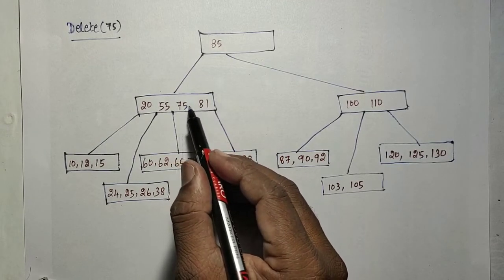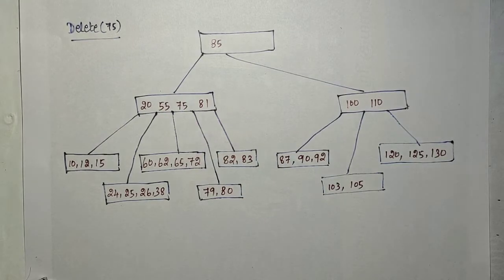So if it is not a leaf node, then it will be the second case. If the element to be deleted is present in an internal node, the deletion procedure is similar to binary search tree deletion.